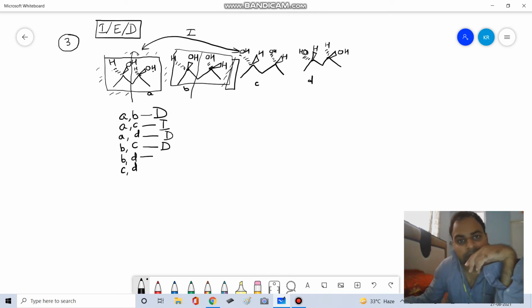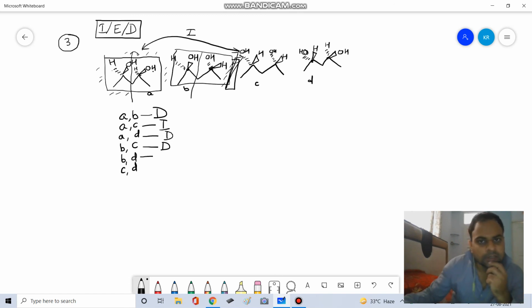If I put the mirror perpendicular to the plane, going from out to in, then this carbon will be this carbon and this carbon will be this carbon. This is a point you should understand.